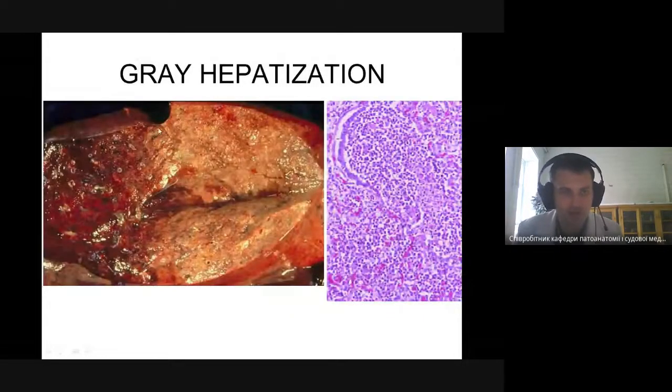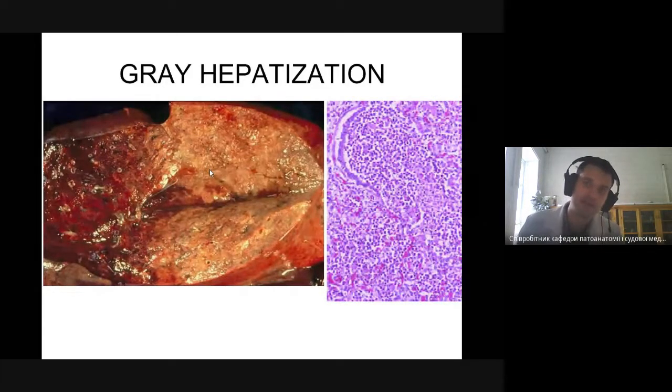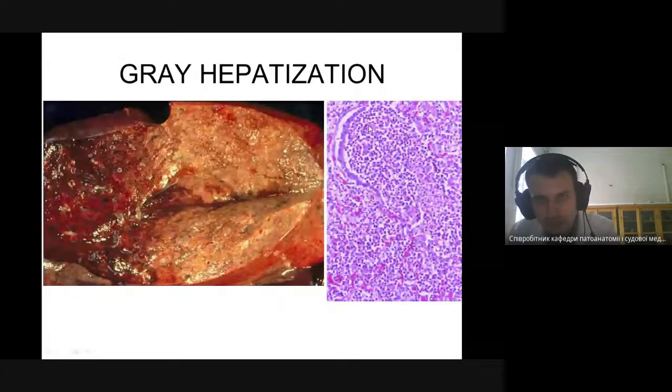In gray hepatization, grossly, you see that this tissue looks like liver, especially when you apply percussion from the upper parts of the lungs downwards. You'll find the border of the liver sound, a dull sound, somewhere higher than you expected. And microscopically, neutrophils and fibrin.